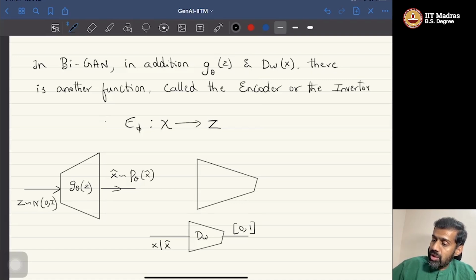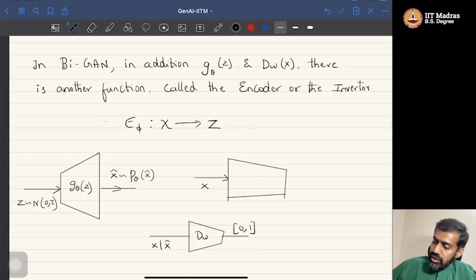Okay, let me write it a little far away. Another neural network which is called the encoder network that would take data from x.